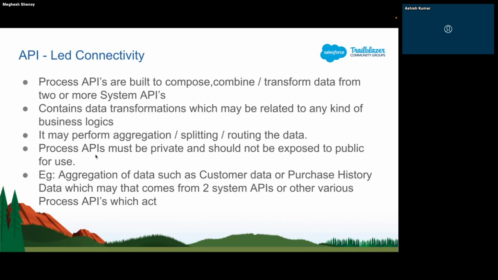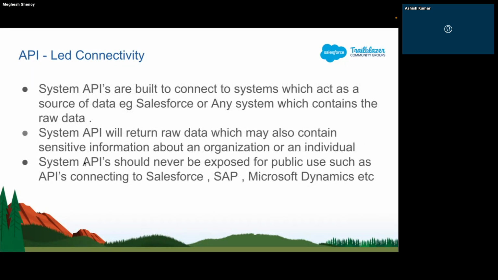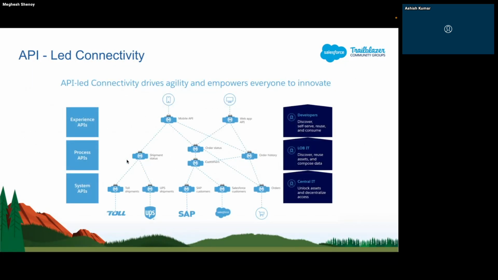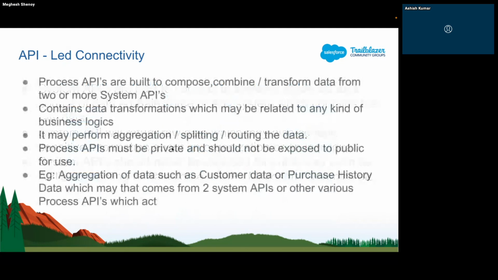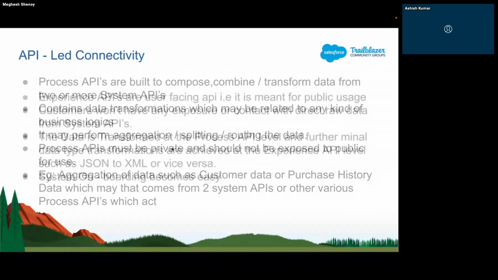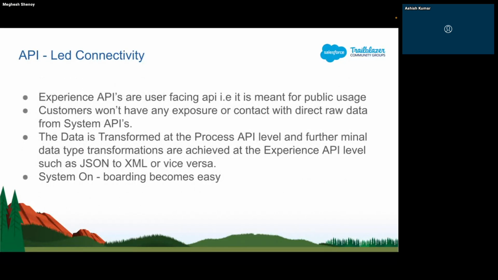And process APIs must be private and should not be exposed for public use. We can create many process APIs over here, and each process API can consume each other. So we need to incorporate the business logic as well as improve the usability of whatever assets we create.